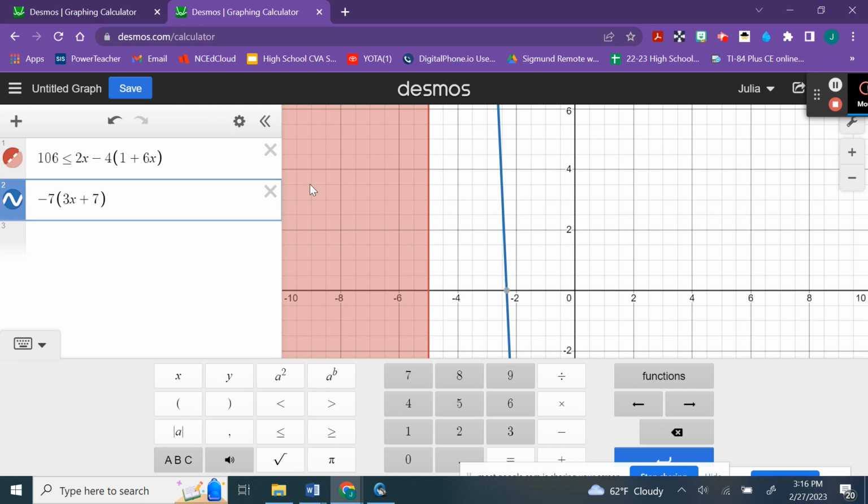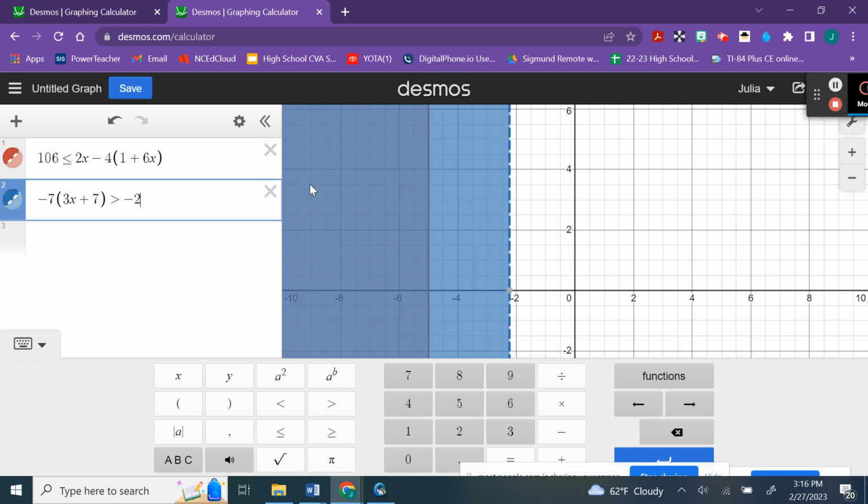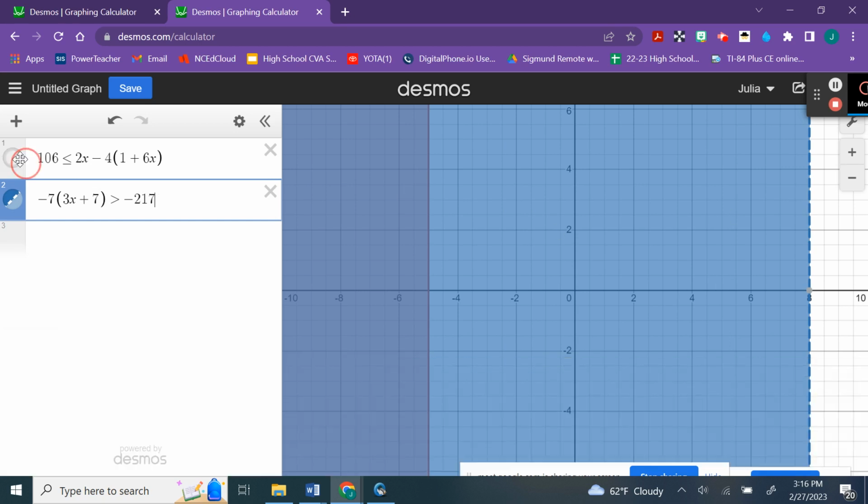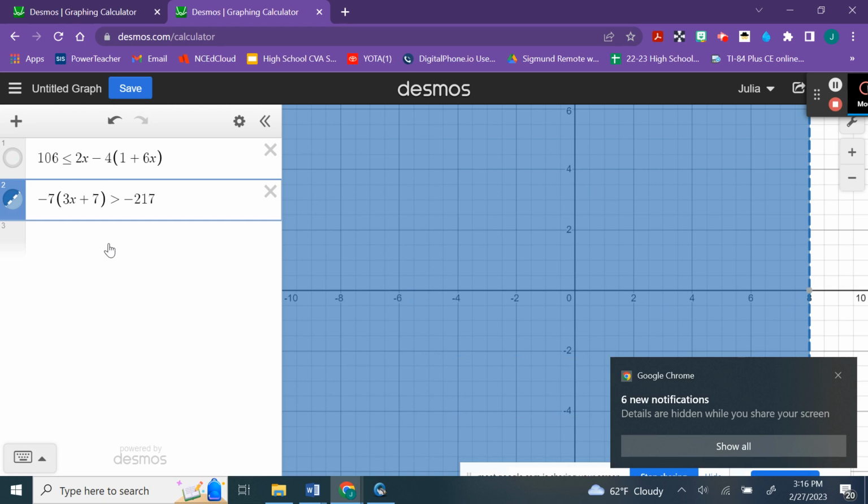And it's greater than negative 217. We can get rid of our red one so that doesn't confuse us. And it would be an open circle at 8 and then shaded to the left. Again, you're getting completely out of doing all of the math here, which is kind of cool, maybe, hopefully. I think so anyway.